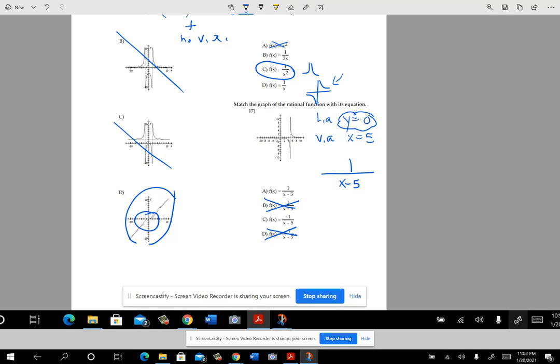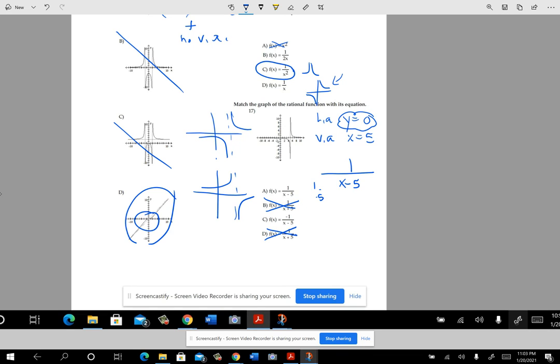And the 1 versus the negative 1 has to do with where these pieces are oriented. Like, here is your vertical asymptote, whether it does this or whether it would be the other way around. Okay, and so you could go and plot a point and kind of see what it appears to do. Like, look at 4. If you plug in a 4 to this one, you'd get 1 over 4 minus 5.